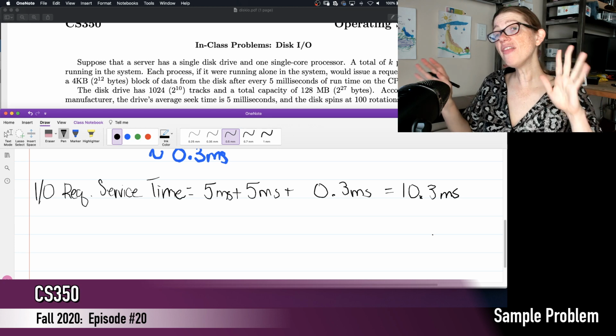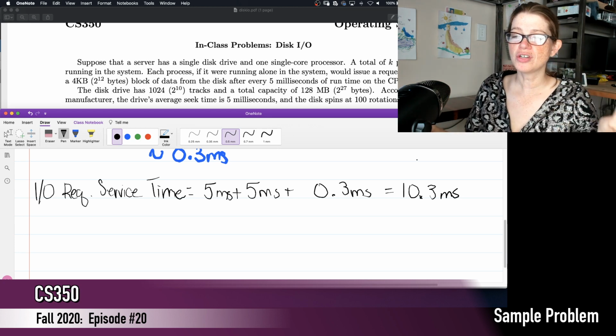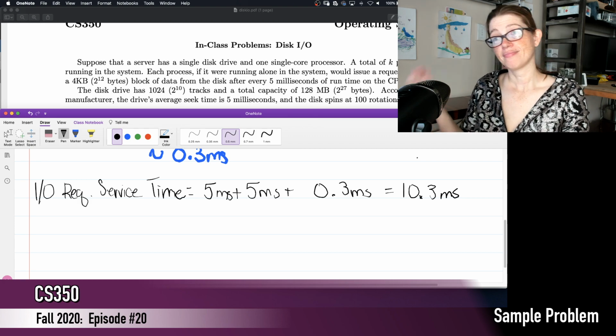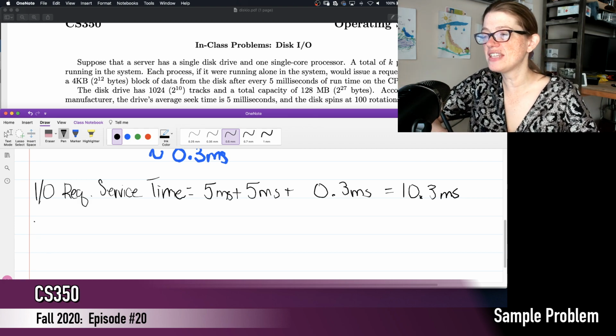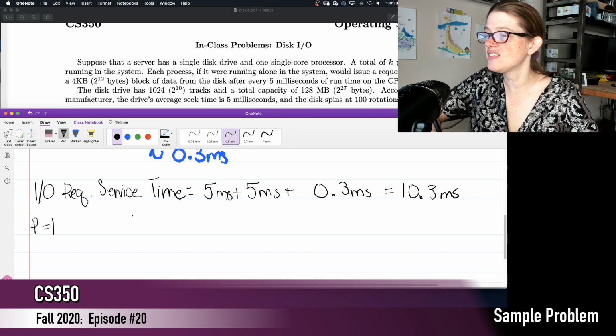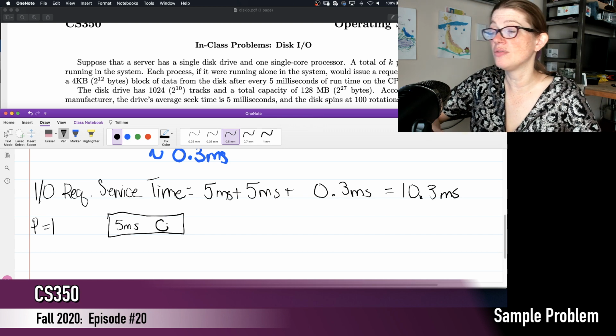Okay. Now that we have that, we can go back in and actually compute our CPU utilization for this. So let's draw this out. We've got one process, and it's going to do 5 milliseconds of compute.